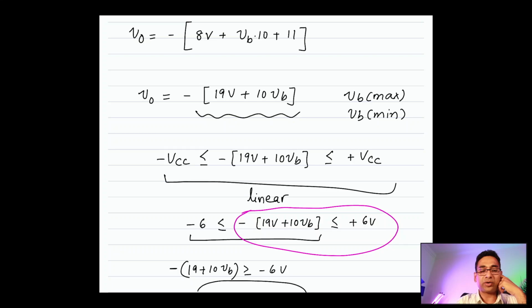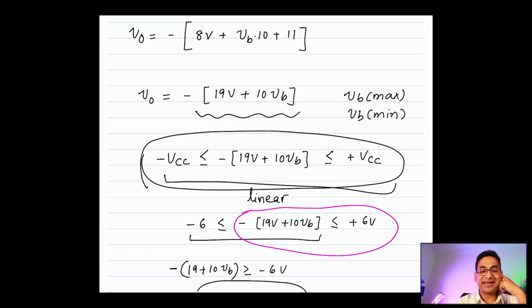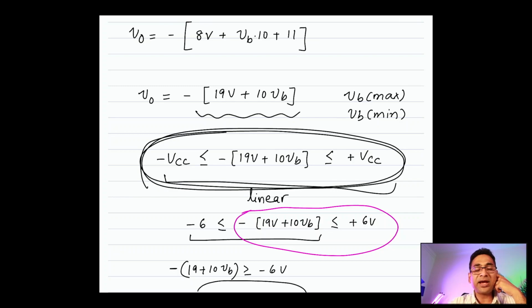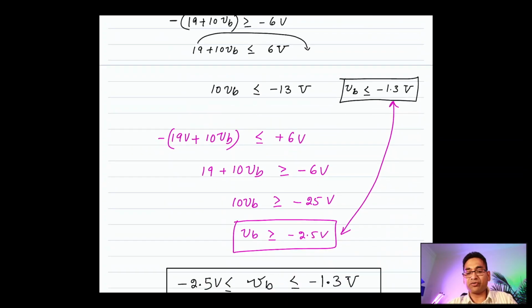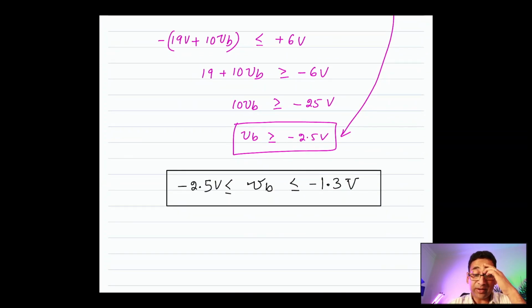Then all we want to do is to make sure that the output expression lies between the positive VCC and negative VCC. Everybody with me? So that's the idea of trying to find the range for VB. If your VB is between negative 2.5 volts and negative 1.3 volts, then your op amp is functioning in linear region.